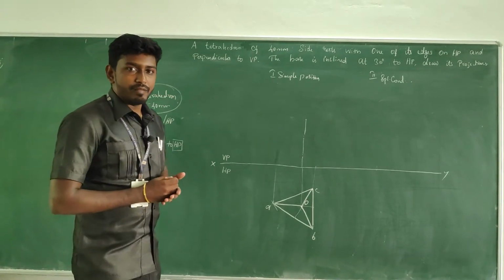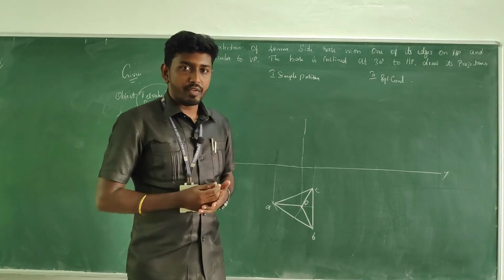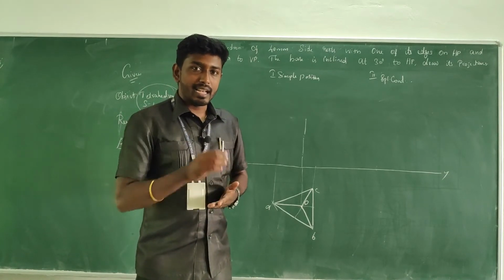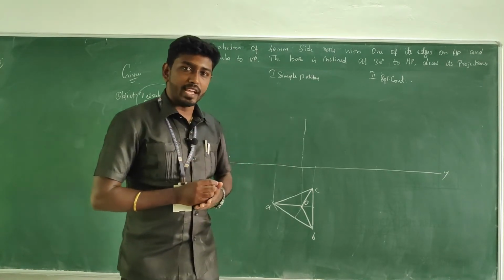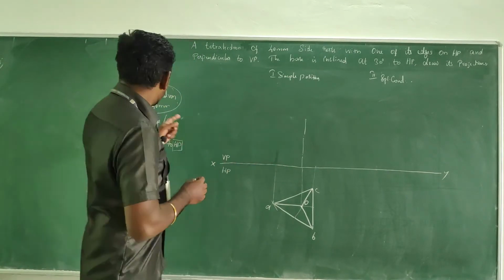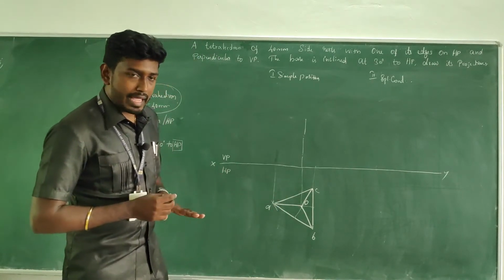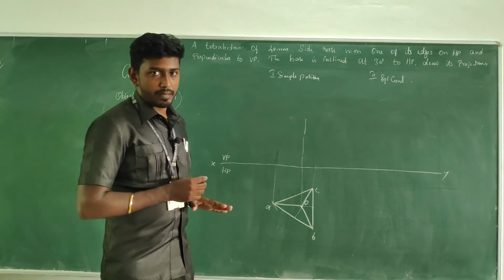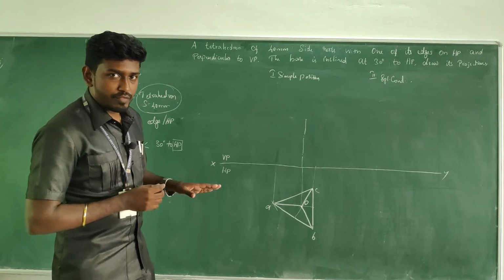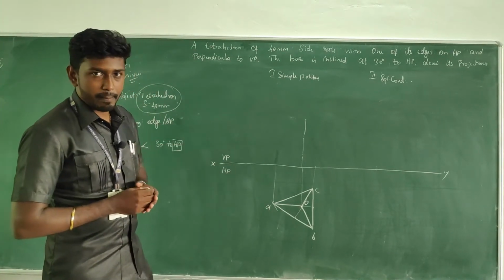See, in lines we got the knowledge that whenever we need to get the true length of any line, that line must be parallel to one of the planes. So here, if you want to mark the 40 mm edge for any edge of a tetrahedron, we have to check whether it is parallel to VP.